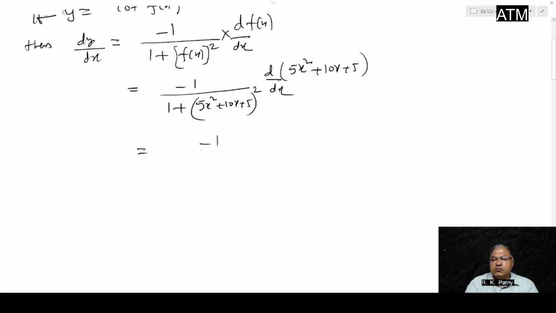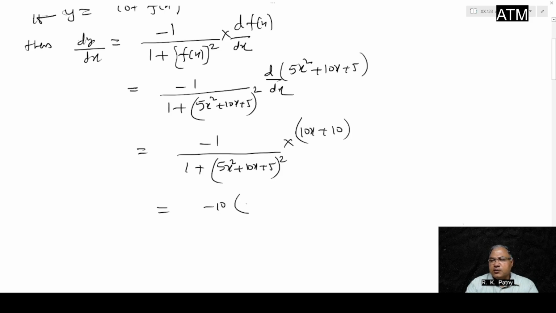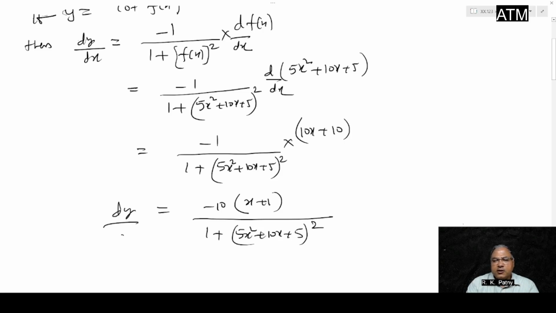This equals minus 1 upon 1 plus 5x square plus 10x plus 5 whole square into 10x plus 10. That equals minus 10 common, minus 10 times x plus 1 upon 1 plus 5x square plus 10x plus 5 whole square. This is nothing but the result of dy by dx, and this is the required answer.